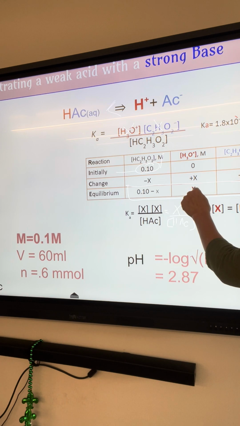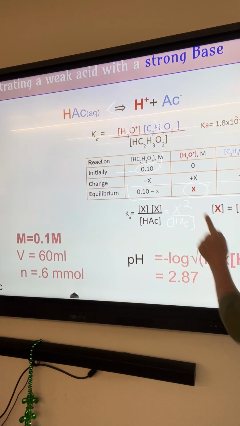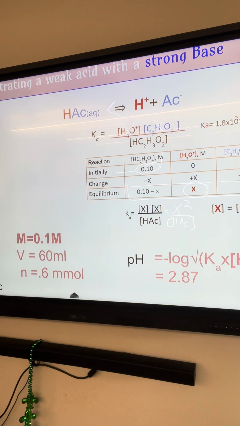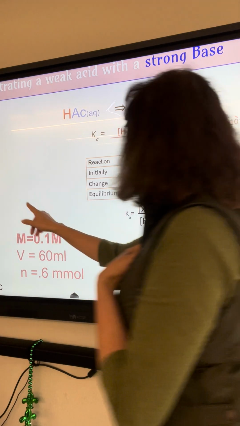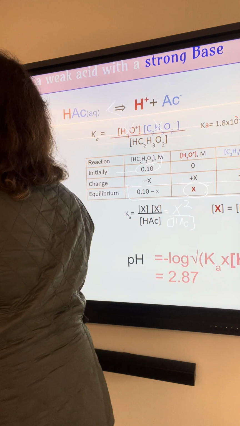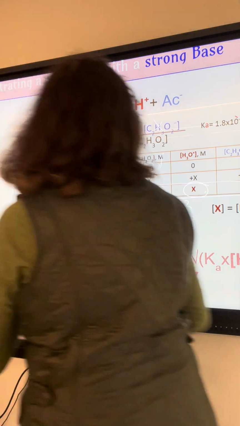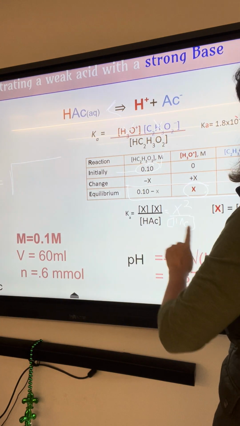And pH is the negative log of the hydrogen ion concentration. Whatever X is, that is going to be my pH. So using your math abilities, we're going to solve for X. X will be equal to the square root, right? X is squared, so I'm going to need a square root.